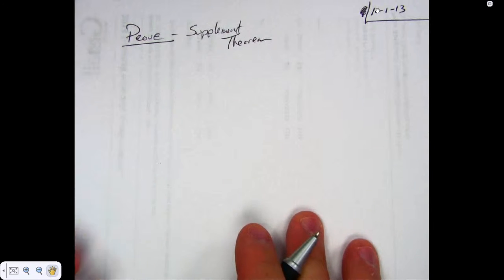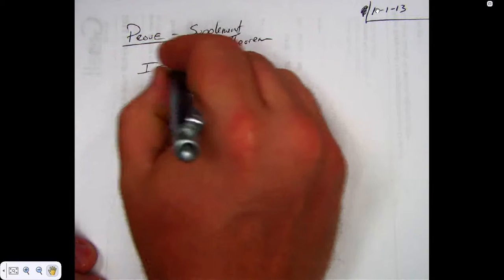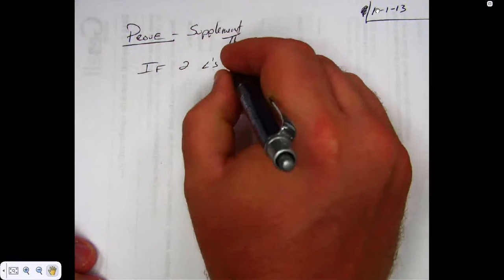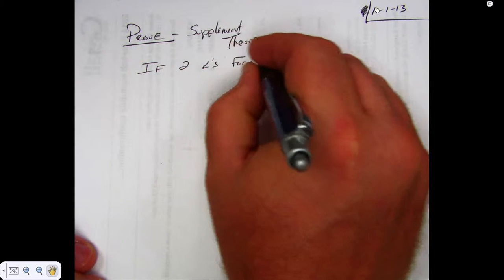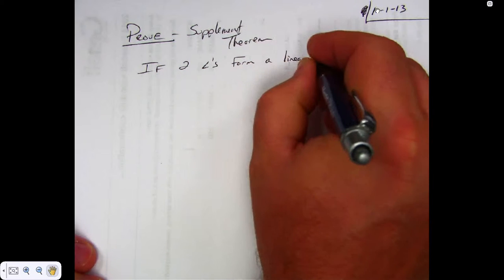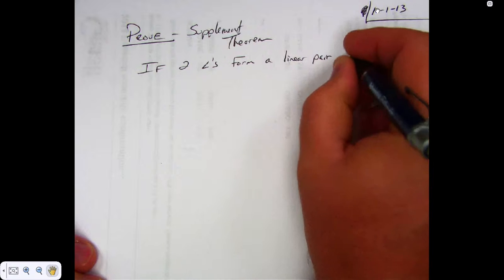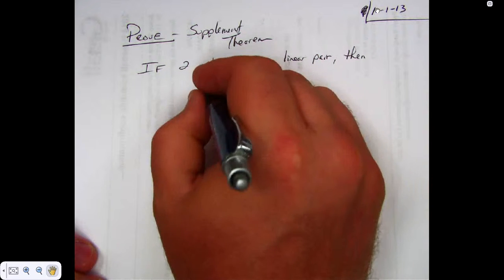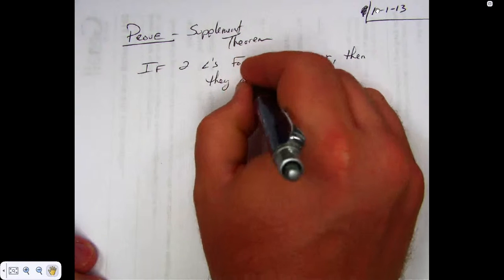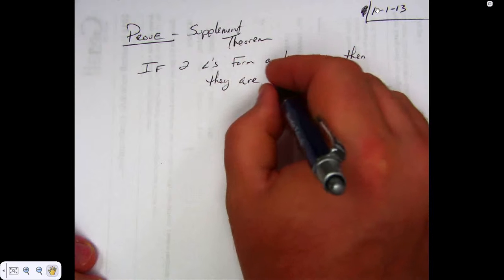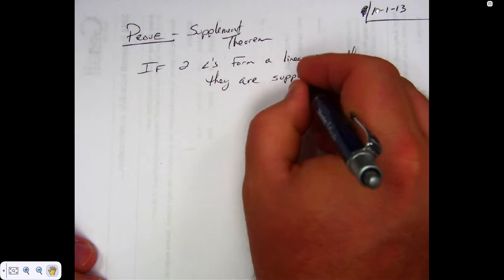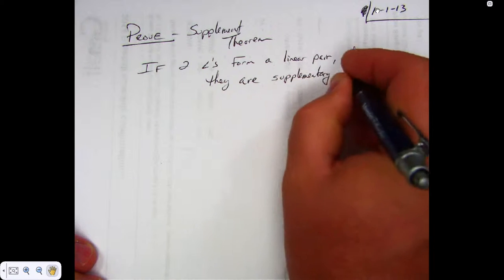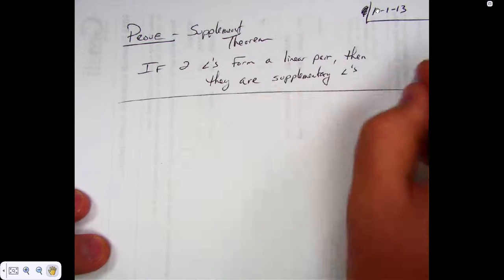It says, if two angles form a linear pair, then they are supplementary angles. There's the theorem.